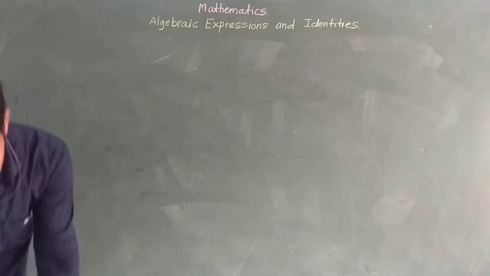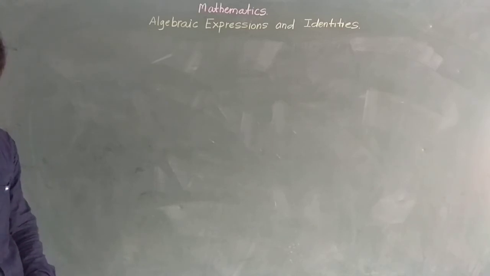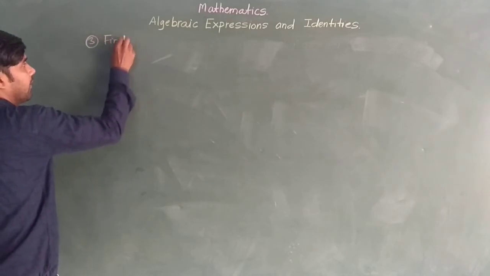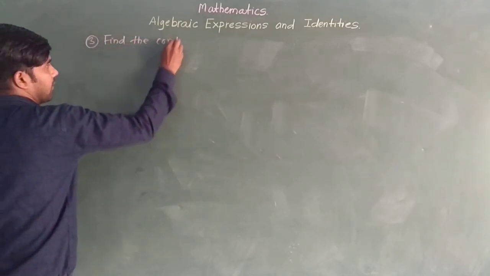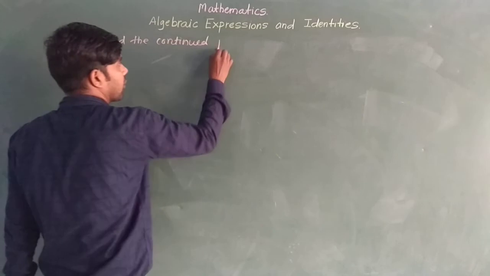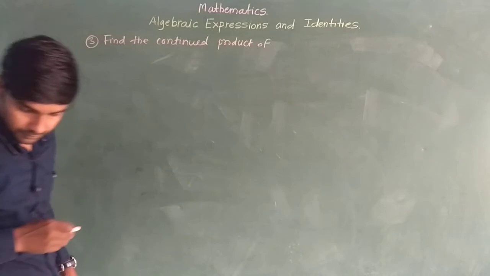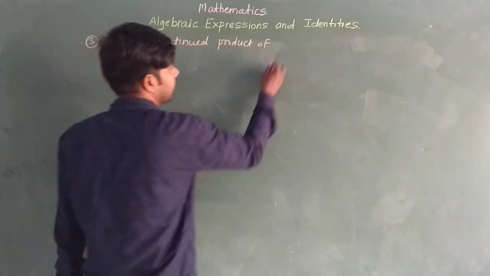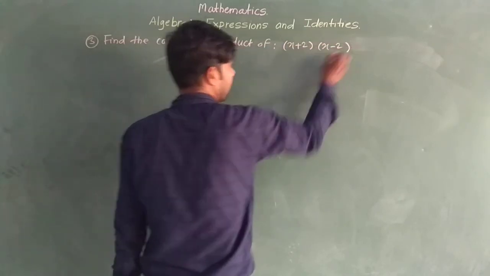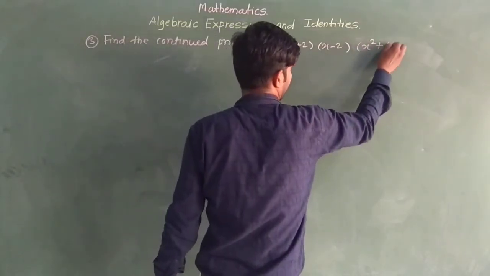So write down: find the continued product of x plus 2, x minus 2 and x square plus 4.